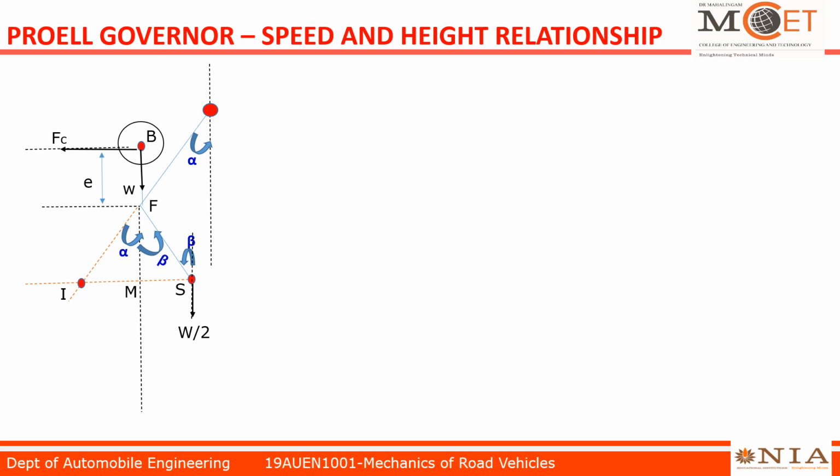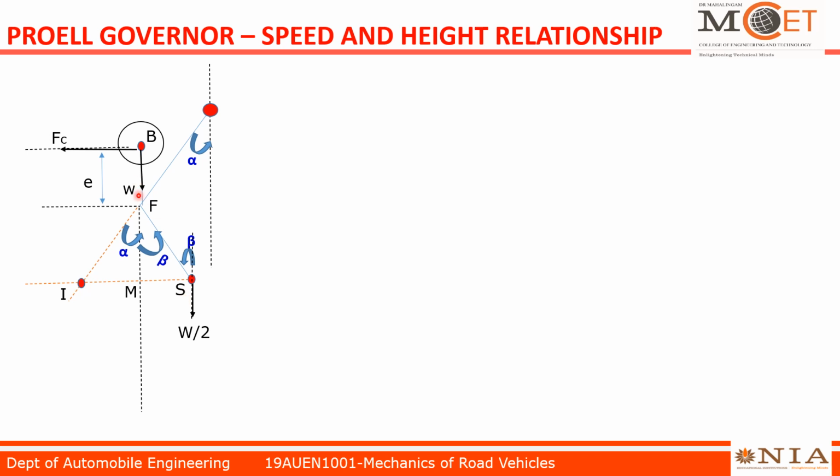After making the free body diagram of the upper and lower arm, we can go for resolving of forces. Now we know that there are forces acting on the ball. One is centrifugal force, in the left hand direction, the weight of the ball in the downward direction, and half of the weight of the sleeve in the downward direction at point S. Now we have three forces here.